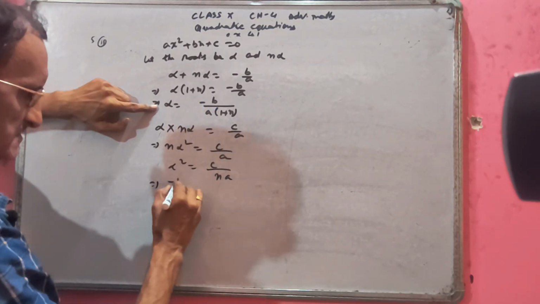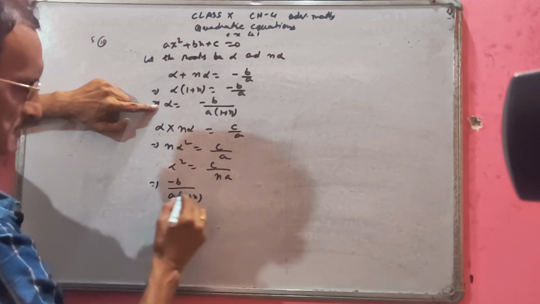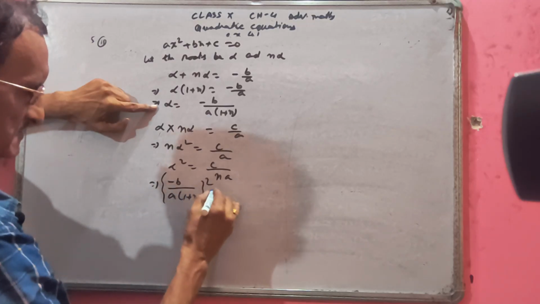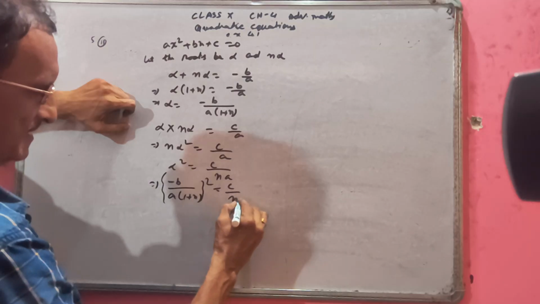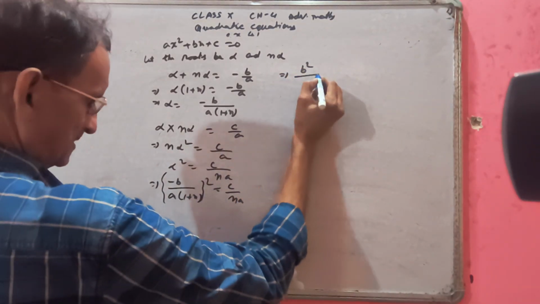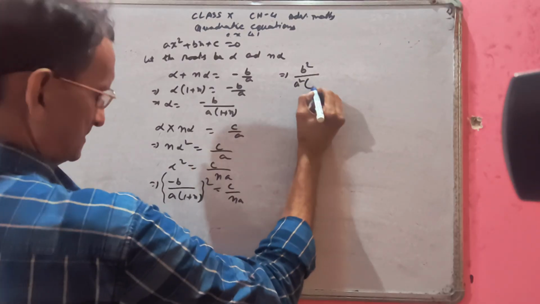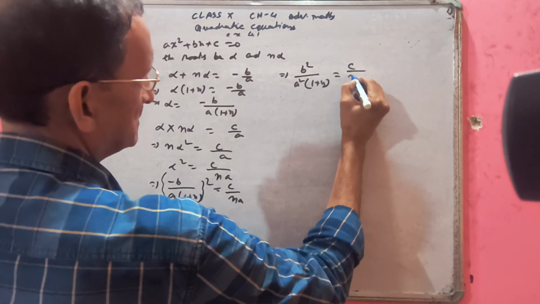Alpha value is minus b by a into 1 plus n, and the square is there, equal to c by na. So minus square is plus, b square by a square into 1 plus n whole square is equal to c by na.